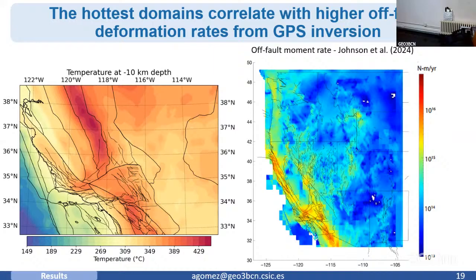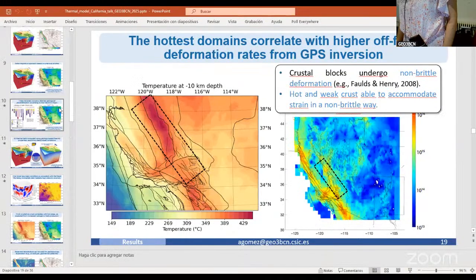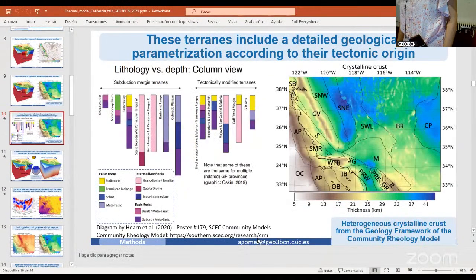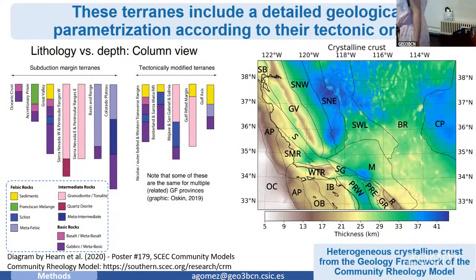Did you consider the lithologies of the different terrains in the modeling? Yes. North Sierra Nevada, it's uranic, basically. Actually, that's one of the main inputs I am getting from the community model. They have done a pretty good job in the definition of the different lithologies that correspond to each of these terrains.